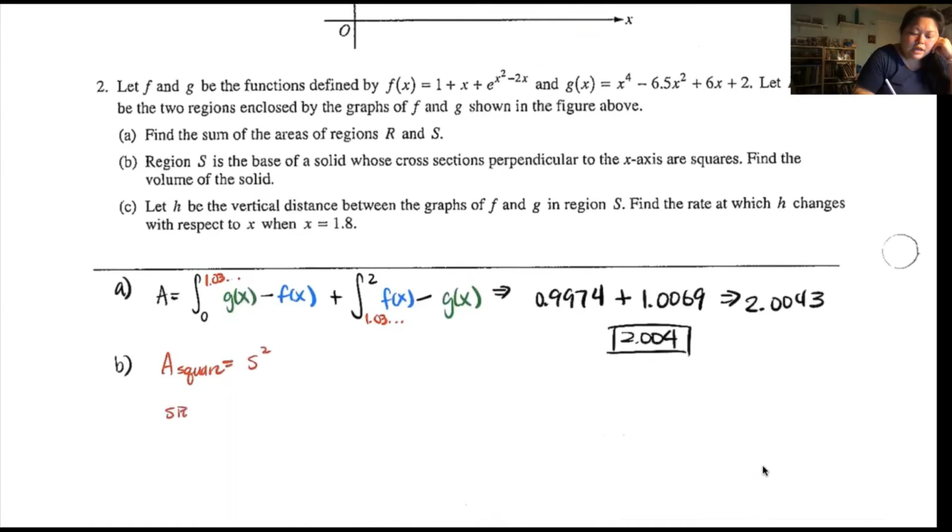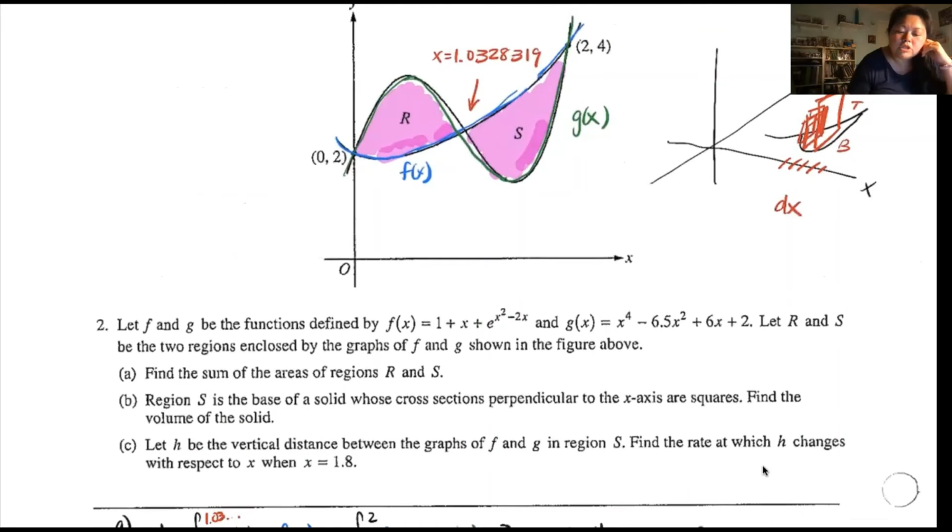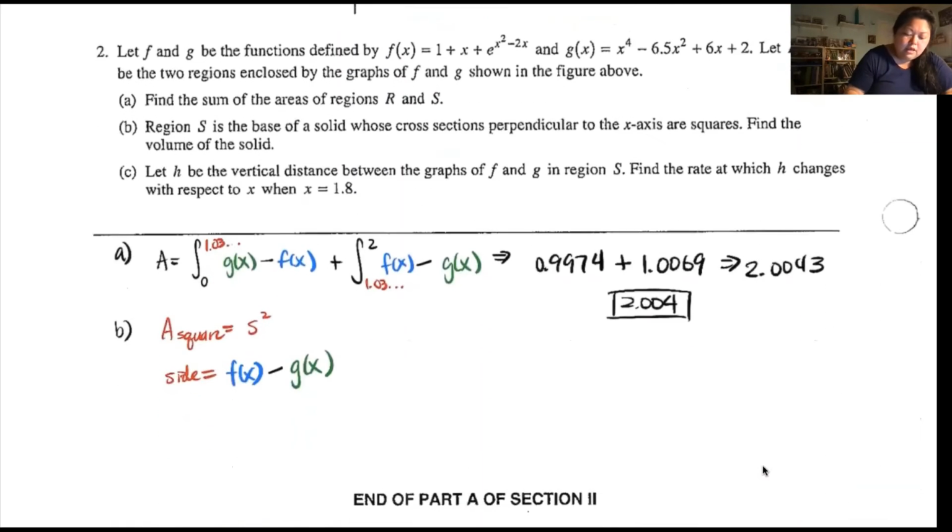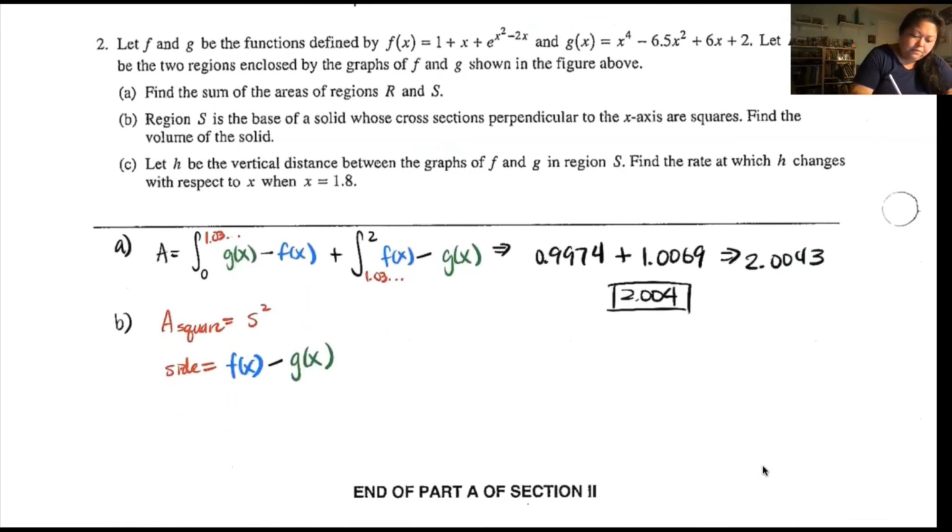And each side in this problem is going to be the function f minus the g function, right? This is the top minus bottom in that section, that region of S, right? So for my volume, it is going to be, again, that intersecting point of 1.03 blah, blah, blah, up to 2.